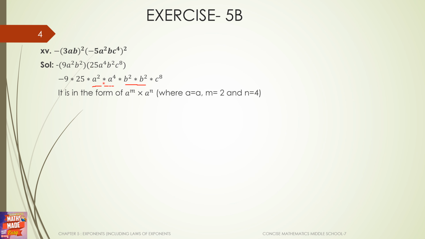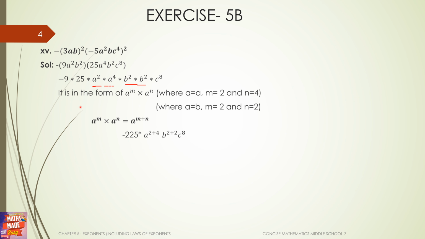So the two I have underlined are in the form of a to the power of m into a to the power of n, where a is equal to a, m is equal to 2 and n is equal to 4. Similarly, a is equal to b, m is equal to 2 and n is equal to 2. We all know that a to the power of m into a to the power of n is equal to a to the power of m plus n.